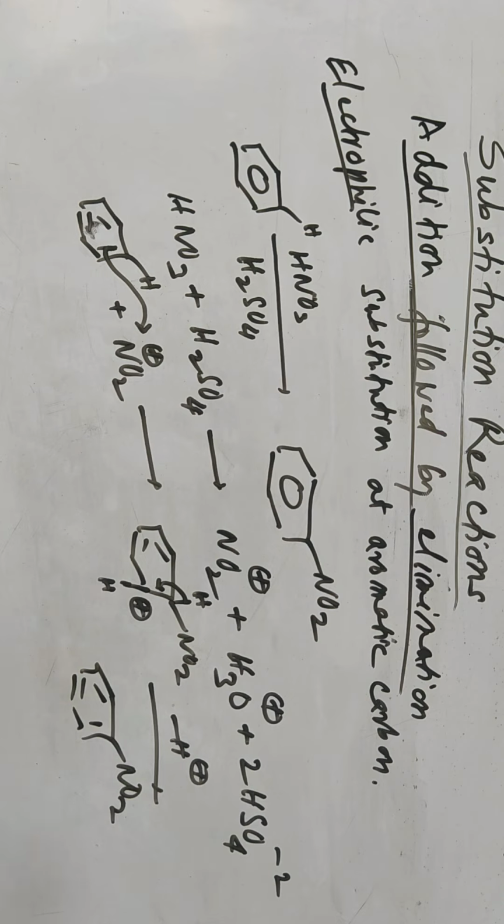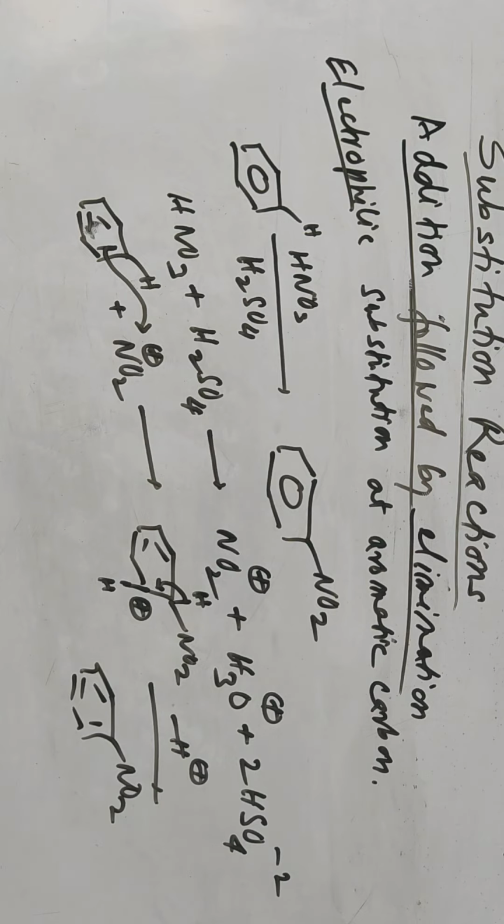Addition followed by elimination can take place either by a nucleophile or by an electrophile. We discussed these two, but addition by a nucleophile is very limited in aromatic systems, while in electrophilic substitution reactions it is common.